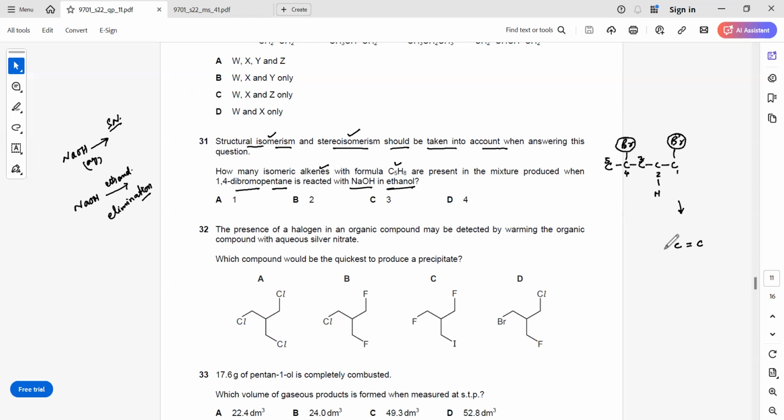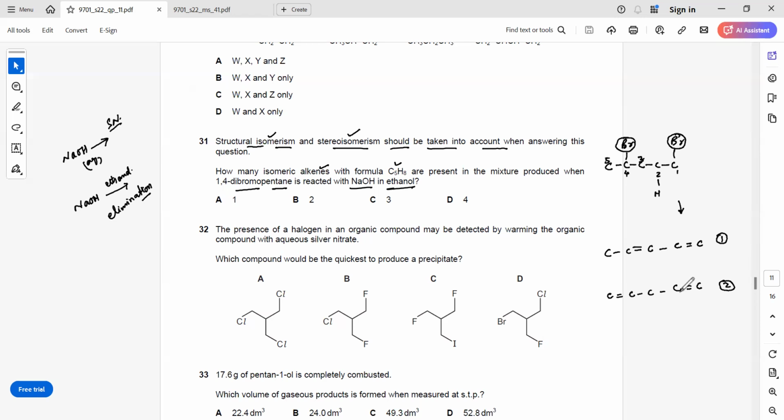It means we can get two types of compounds. It makes a bond with carbon 3 and 4, and another possible, here only one possibility, the double bond between carbon 1 and 2, and the next one is this. Clear? So this compound is possible, this compound is possible, but the difference in these two is that they are position isomers, right?